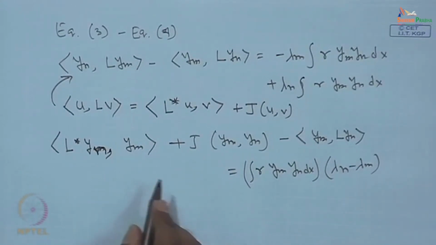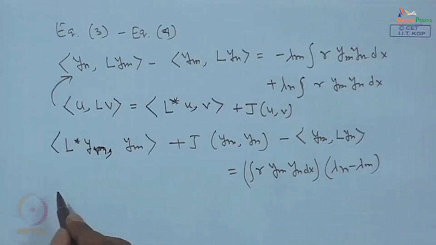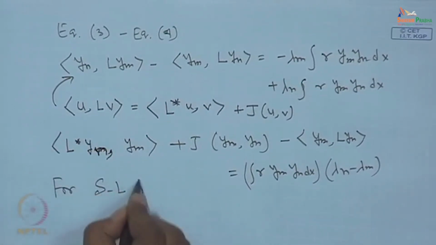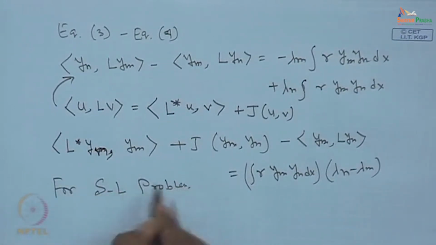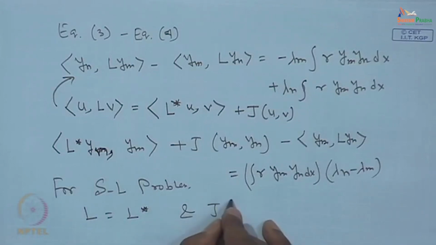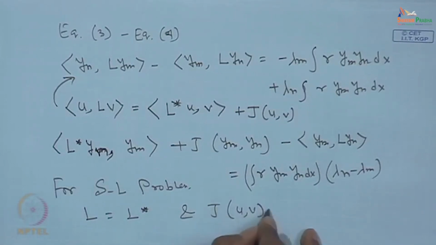We have already proved earlier that for the Sturm-Liouville problem, L is equal to L star and J u v is equal to 0. Therefore, J ym yn will be equal to 0.